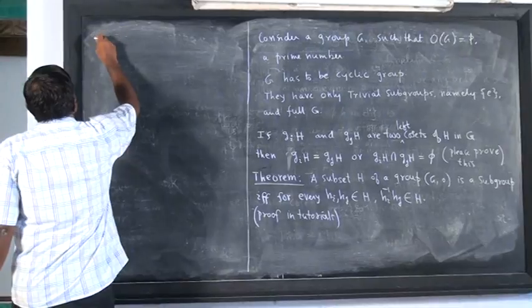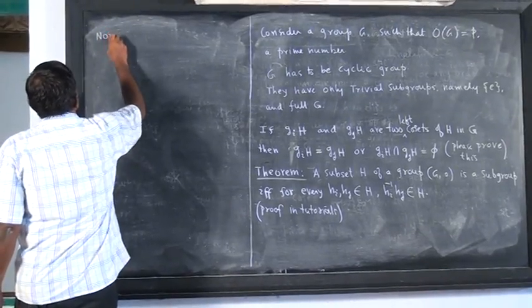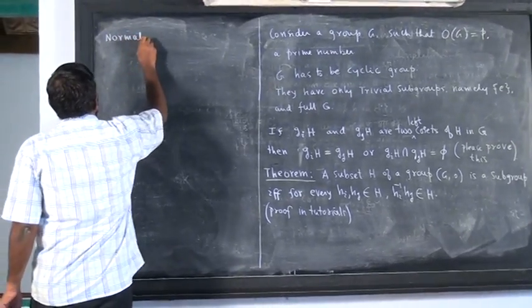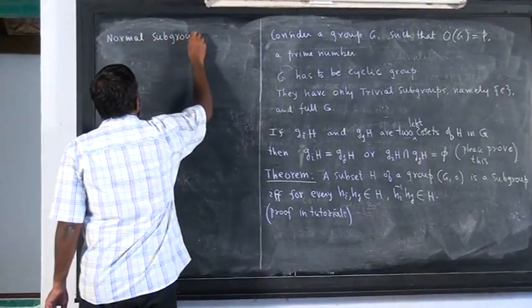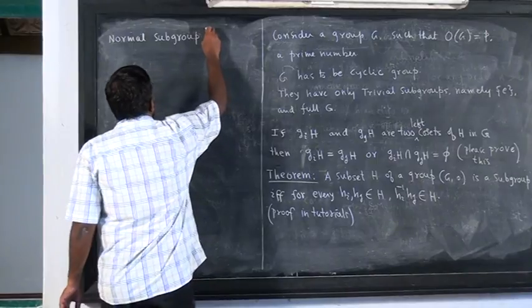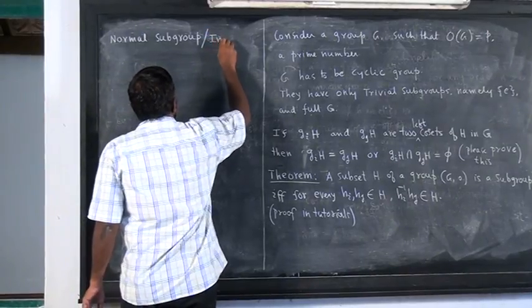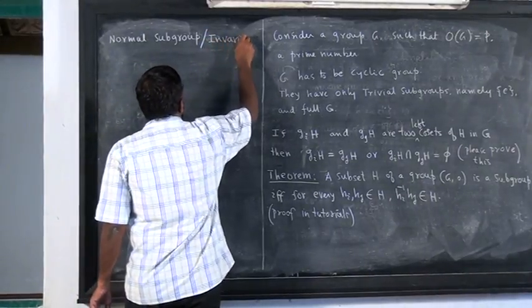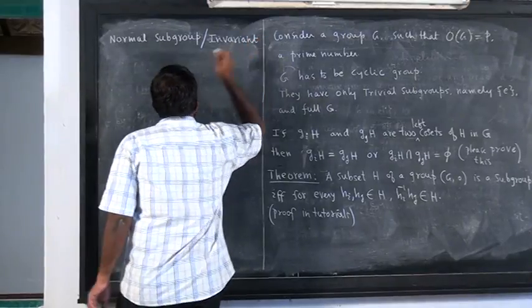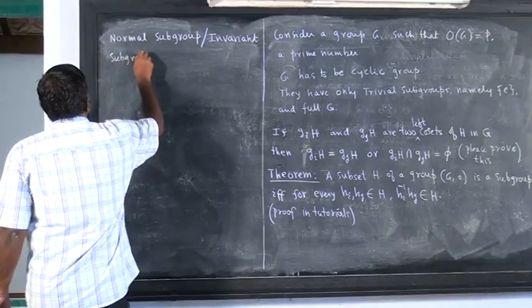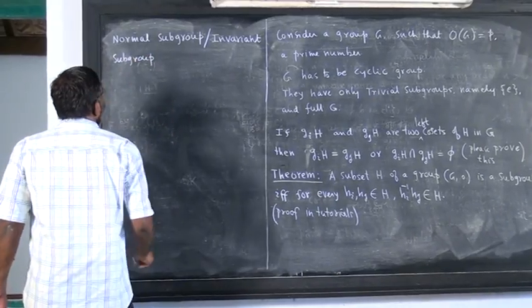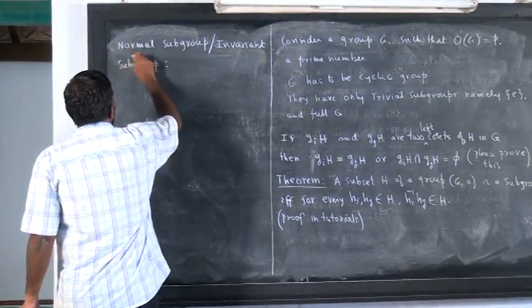Now we define what is called a normal subgroup, or it is also called an invariant subgroup.